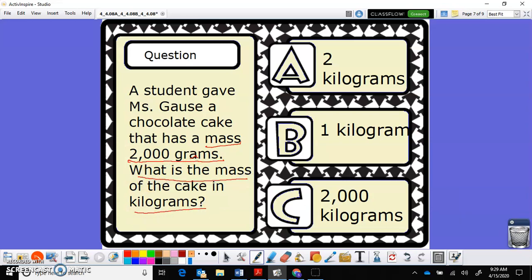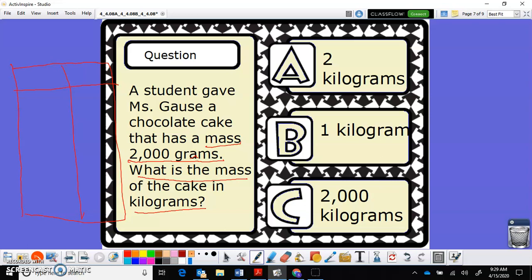Okay, so I don't know if I can move this over. Let's see if I can. No, I can't. Okay, so let's just make a small chart over here. Now, we know the grams and we're looking for the kilograms, but we want to be able to multiply it.